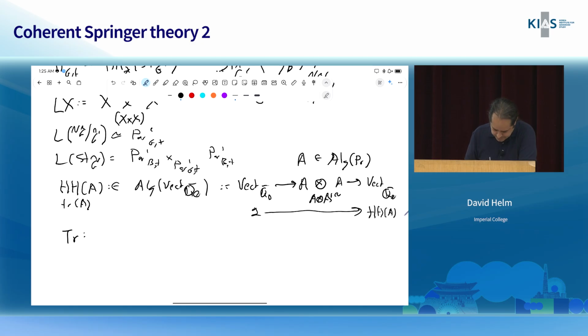then we have a kind of grown-up version of this, the two categorical trace.